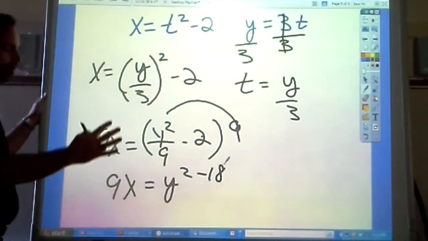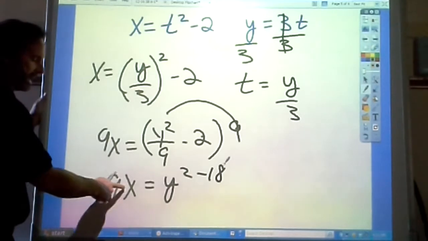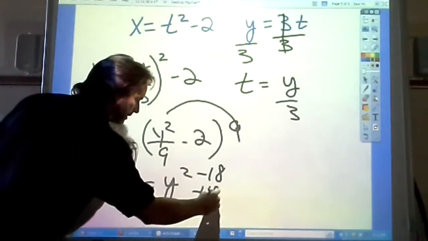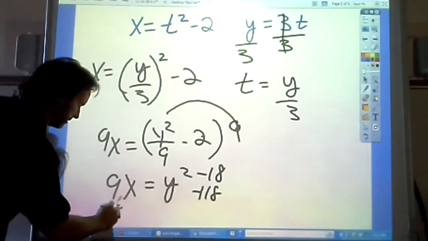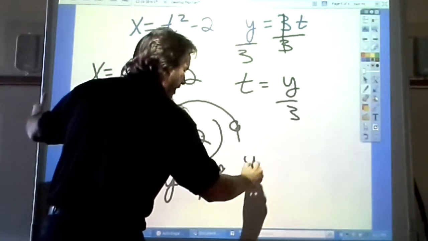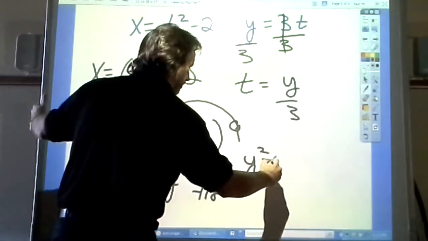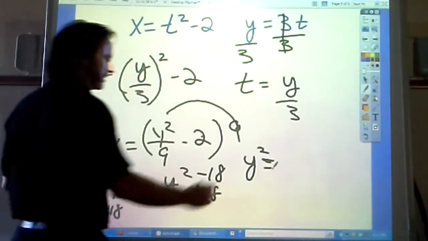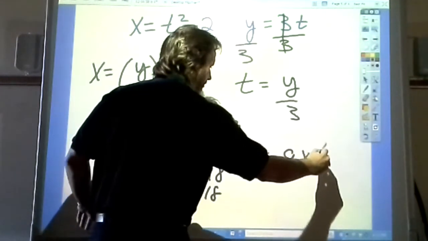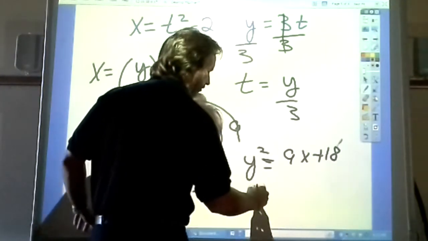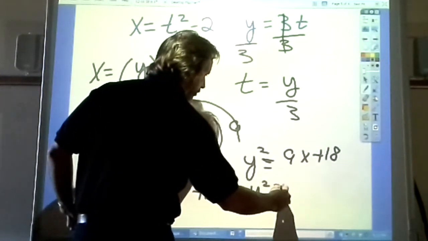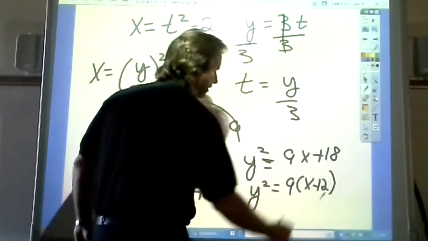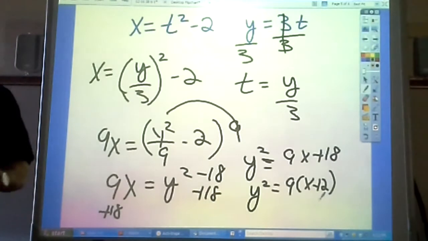And what the book works out is, I've got 9x, I'll add 18 to both sides, and I'll end up with y squared equals 9x plus 18, or I could rewrite that as y squared equals 9 times (x plus 2). Okay? So it depends what they're asking for.